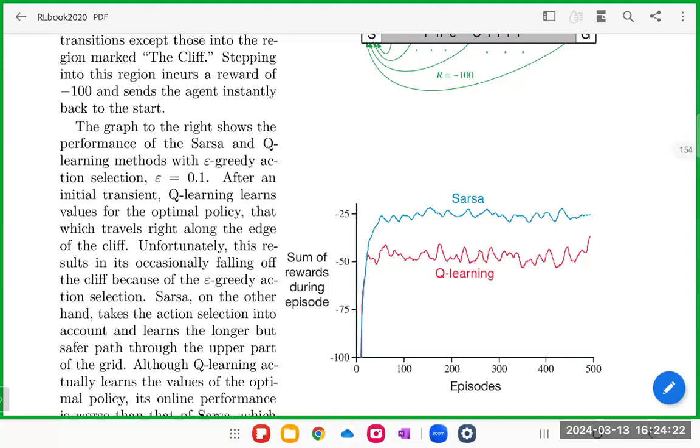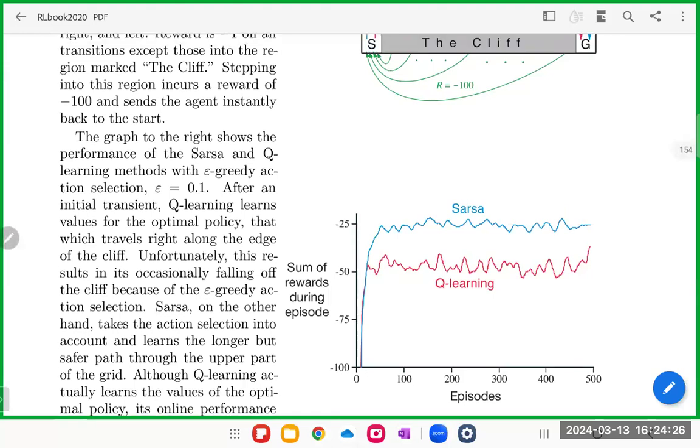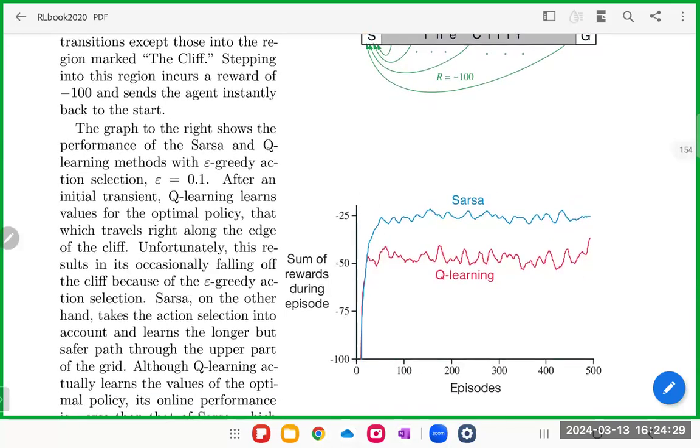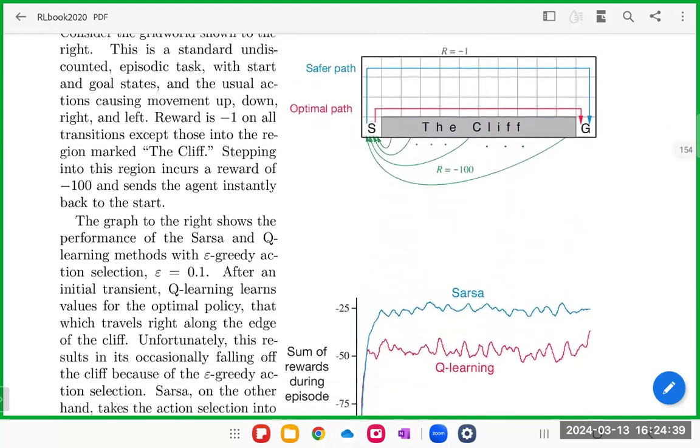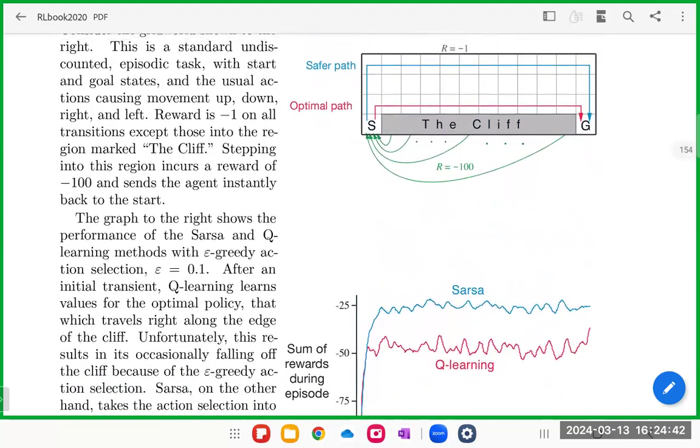So the reward is negative, right? It's minus 25 here and minus 75. As you see, SARSA is having higher negative reward. I mean, SARSA is performing slightly poorer than Q learning. So what is the reward here for this problem?